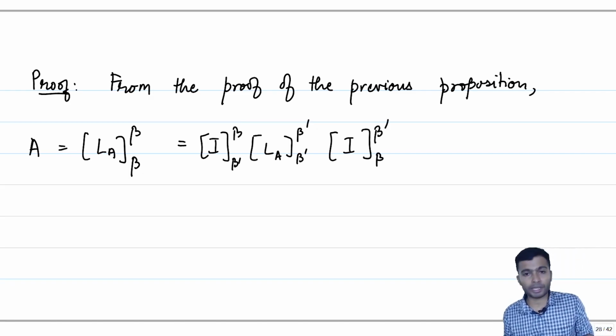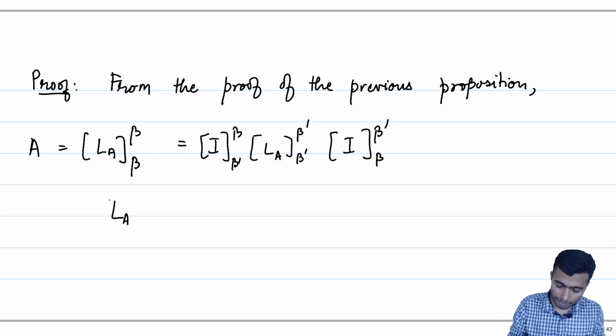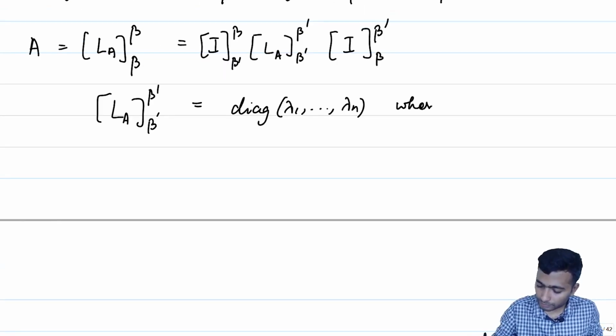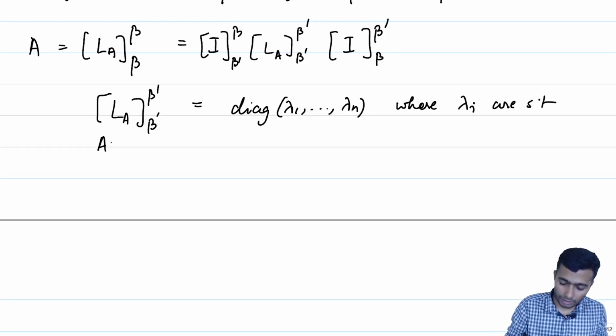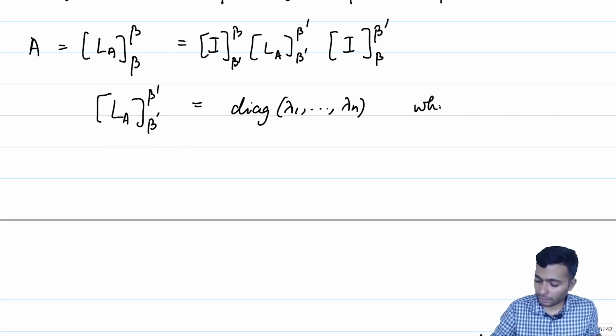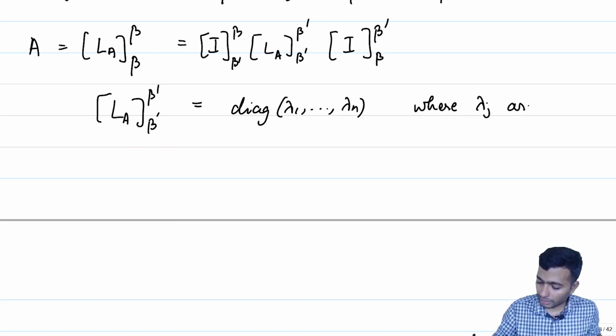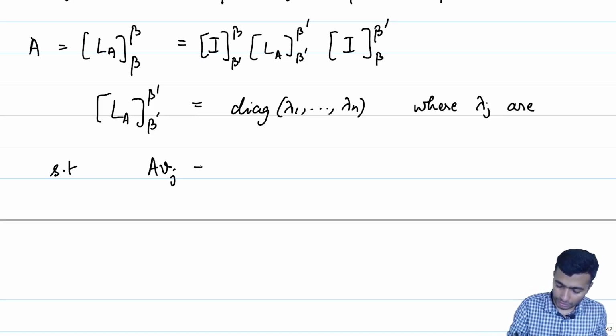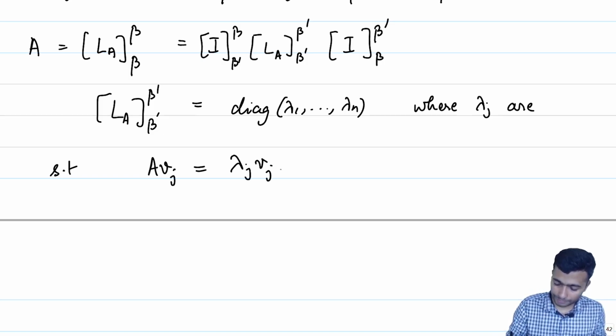But what is L_A beta prime beta? It is just diagonal of lambda 1 to lambda n, where lambda j are such that A Vj is equal to lambda j Vj.